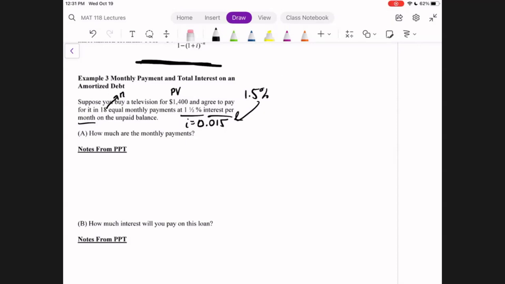So your payment is your present value, and then I on top, and then 1 minus (1 plus I) to the minus n. So let's plug everything in. I don't know my payment. Your present value is, the TV was $1,400. Your I is, oh wait, too many zeros there.